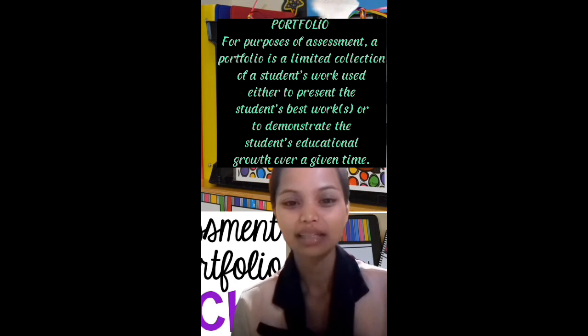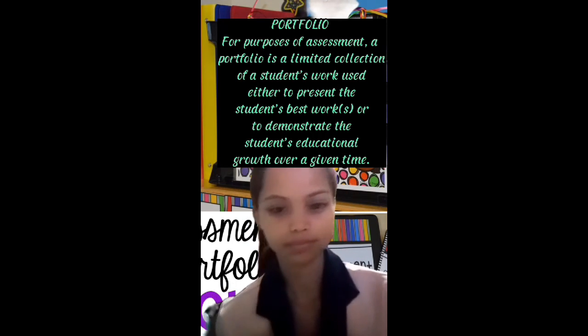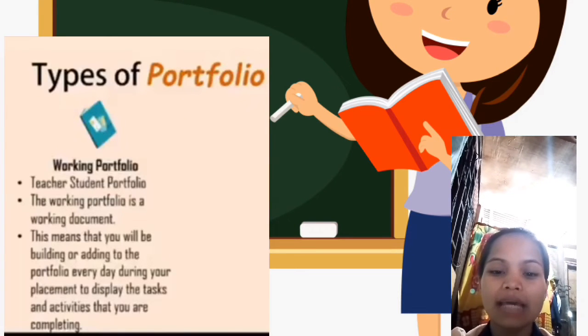So let's move to the types of portfolio. My assigned type of portfolio is the working portfolio. The first type of portfolio is also known as the teachers and student portfolio.